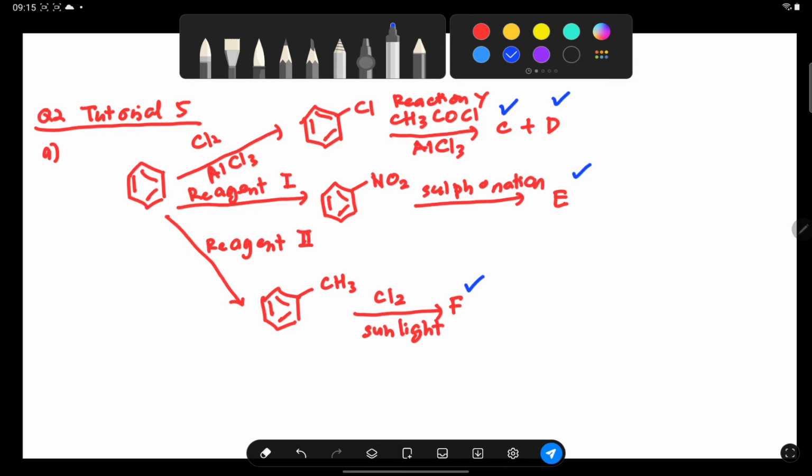This reacts with acyl halide in the presence of aluminium trichloride. Here is Friedel-Crafts acylation. Friedel-Crafts acylation.